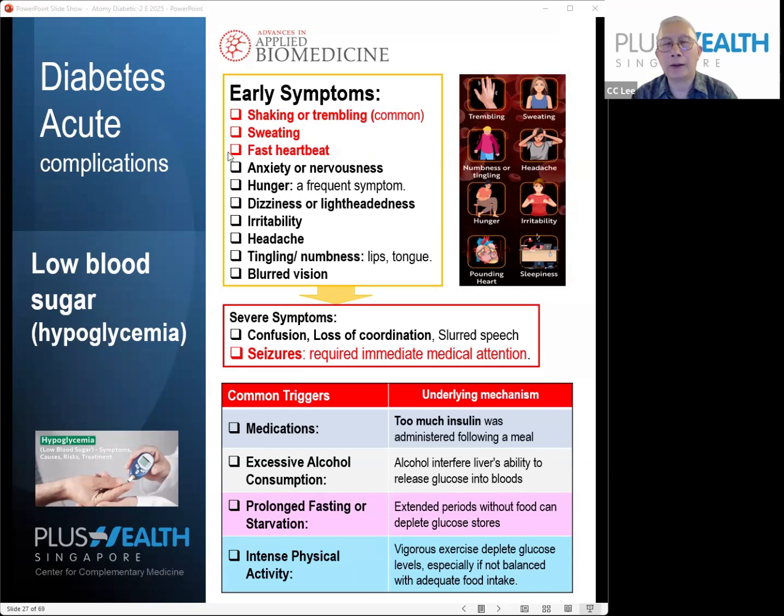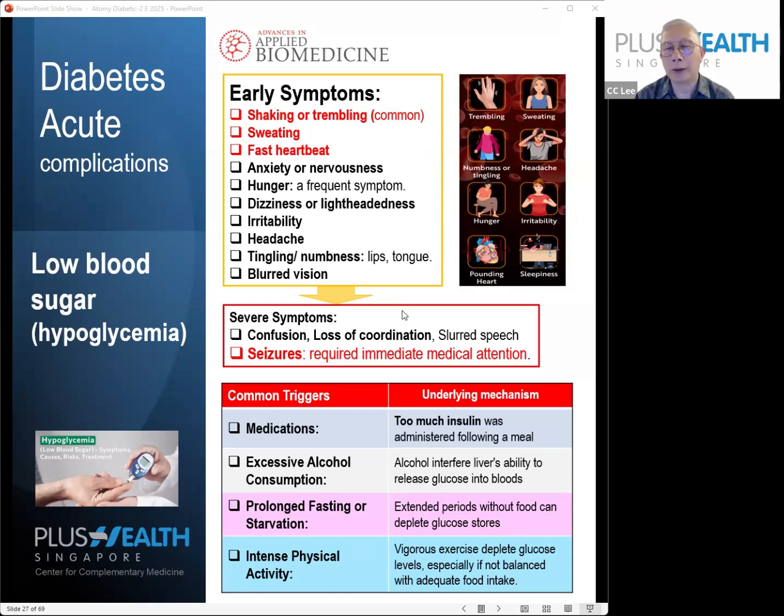These are the early symptoms, whereby you should know that if I'm having this, I had better check my blood sugar, or be ready to take in some sugar or carbs and see whether the condition subsides.